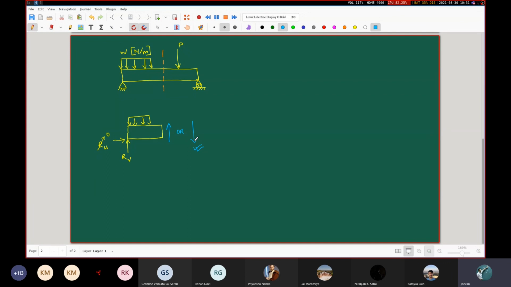This reaction force is what is referred to as the shear force, because you can see that this is grazing along this surface, just adjacent to this surface. So this is referred to as V. This letter V, again, there is nothing holy about it. It is just that in almost every textbook you will find that the letter V is used to represent the shear force.